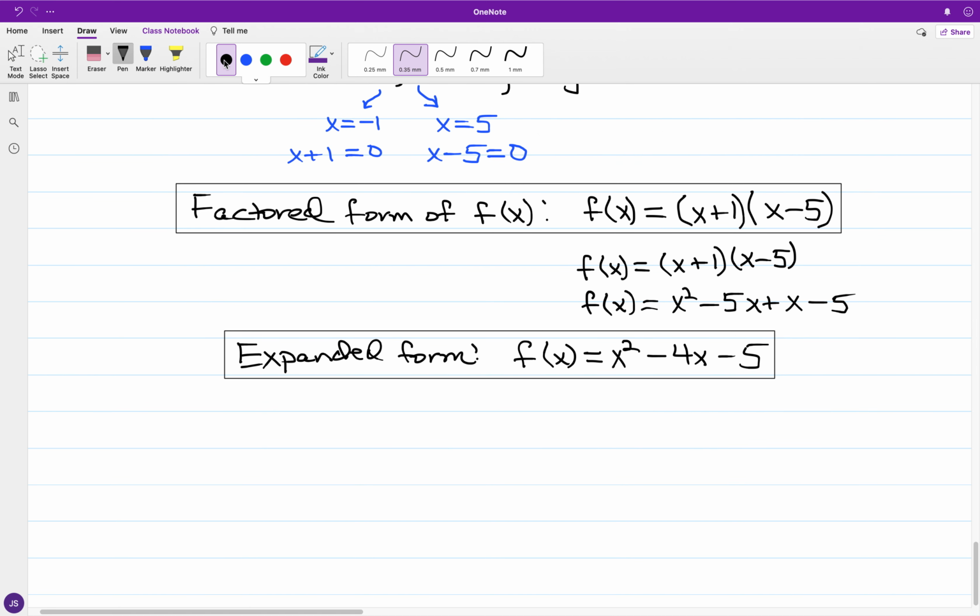Now where multiplicities can come in, let's say we have for the zeros, we'll say that we have 0, and let's say we have a multiplicity of 3.